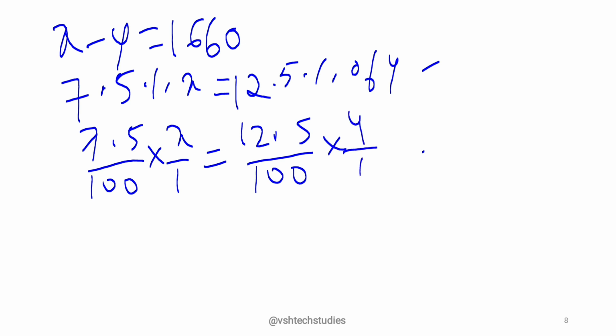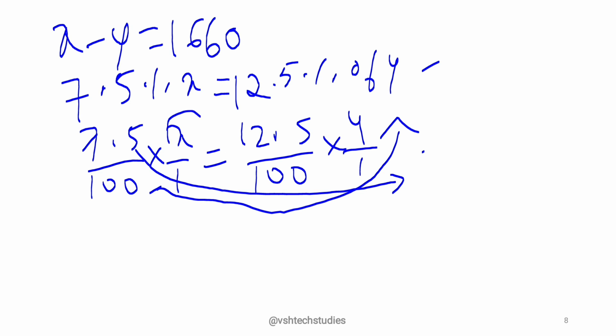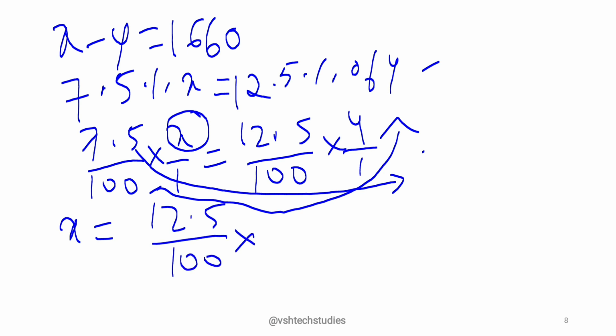Now we'll move this 100 to the other side, it goes to the numerator, and this 7.5 comes to the denominator. Then taking only x on the left hand side, x equal to 12.5 upon 100 as it is. So the 100 is coming from the other side to the numerator and 7.5 to the denominator, and y as it is.